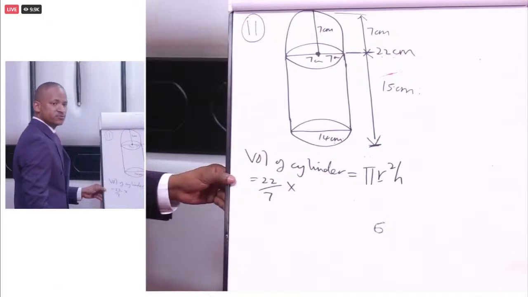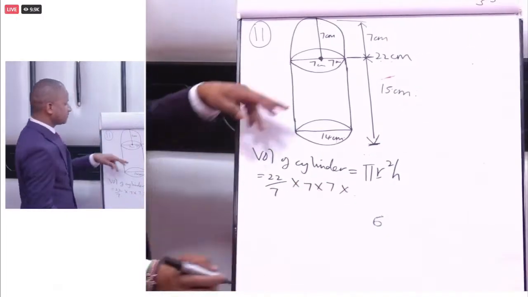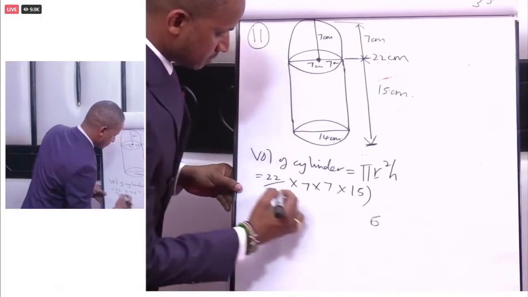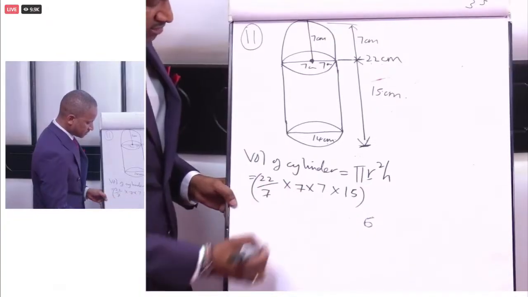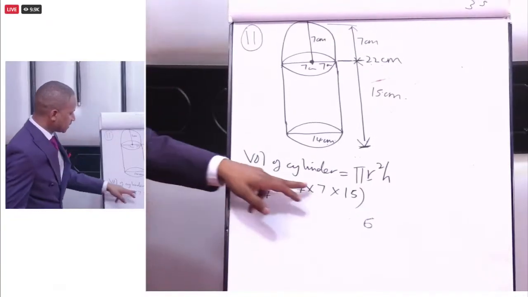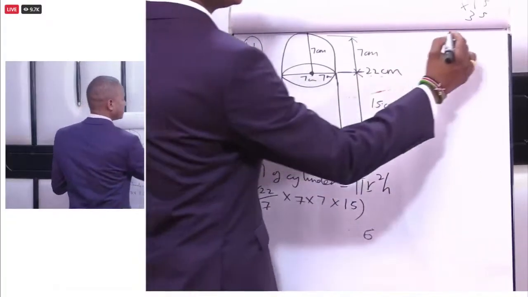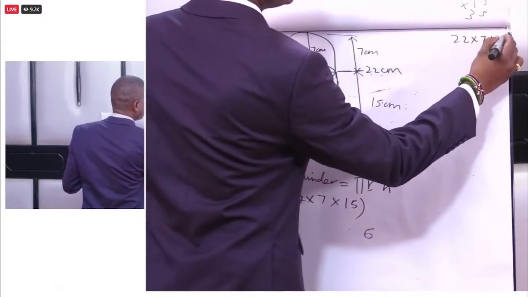If diameter is 14, radius is 7, times height. Height of this cylinder is 15 centimeters. So what do you get here? 7 with 7 goes. 22 times 7 times 15. So use your calculator, please. 22 times 7 times 15.